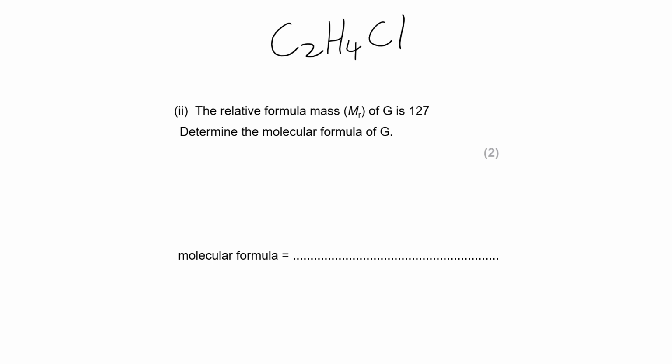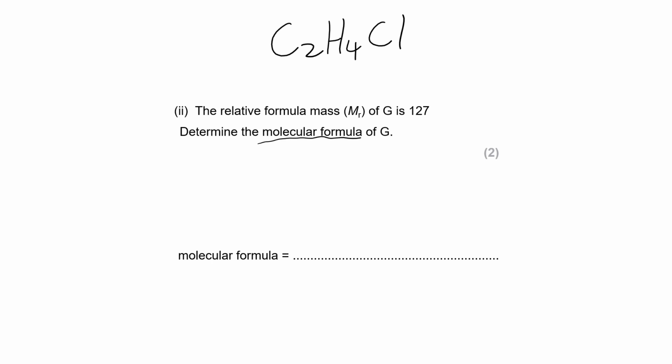What the next part of the question is asking is to work out the molecular formula, or the actual number of each type of atom in the compound. So the molecular formula is the actual number of different atoms in the compound. We know the empirical, the simplest ratio, and now we want to work out the molecular.